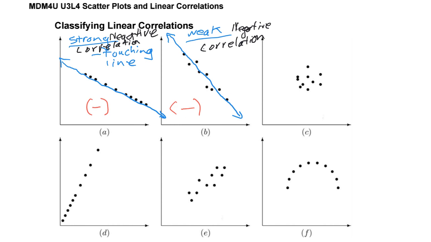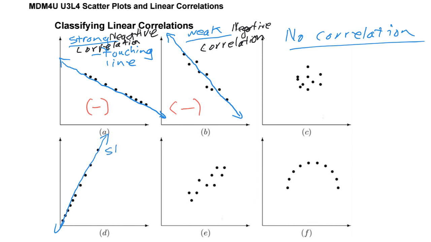Now, when we look at this third one over here, we're like, what? There's no line that we could draw that works for all of them. Maybe this way? Nope. So this is where you say there is no correlation. So there's no correlation between the information on the graph. For this next graph here, D, you'll notice that the line touches everything.